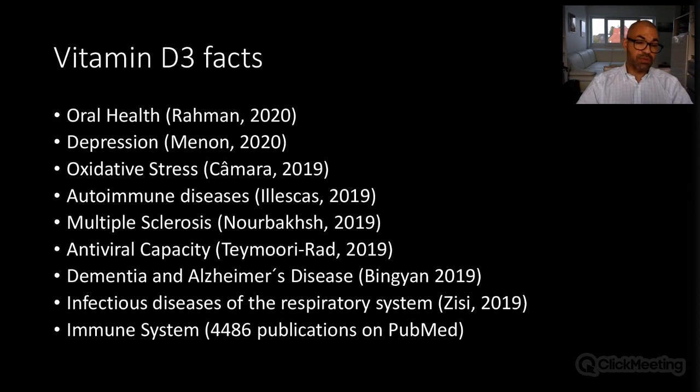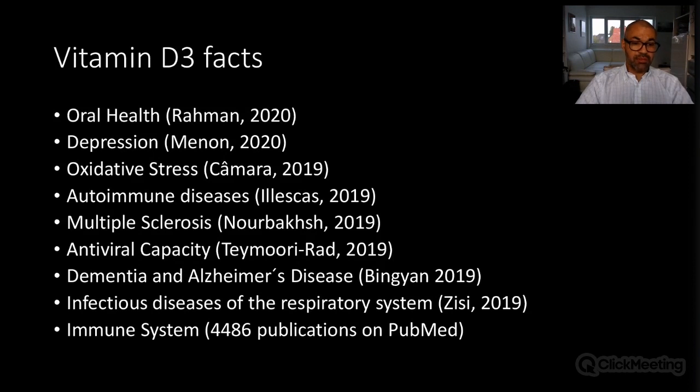We have data that it's working against multiple sclerosis. It has an antiviral capacity, which is more and more important in these days of Corona, and even for dementia, Alzheimer's disease, and infectious diseases of the respiratory system.